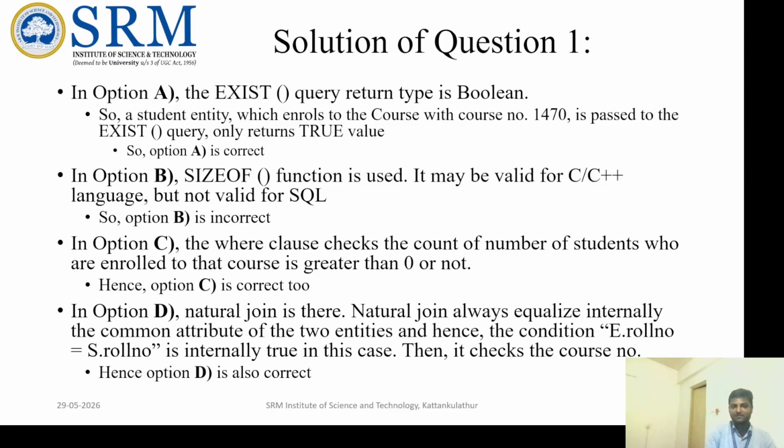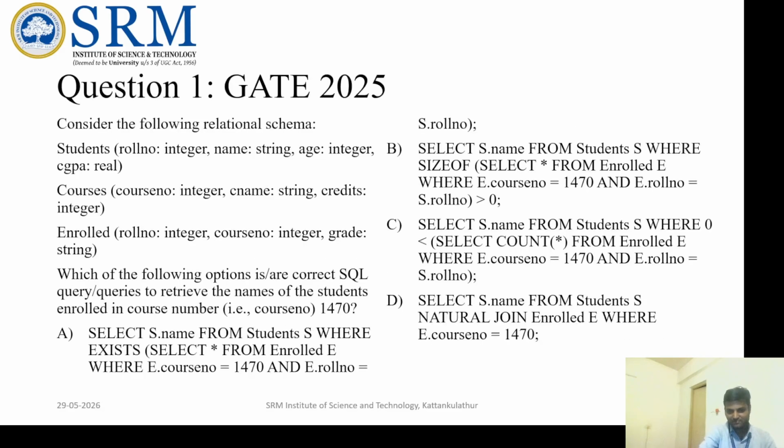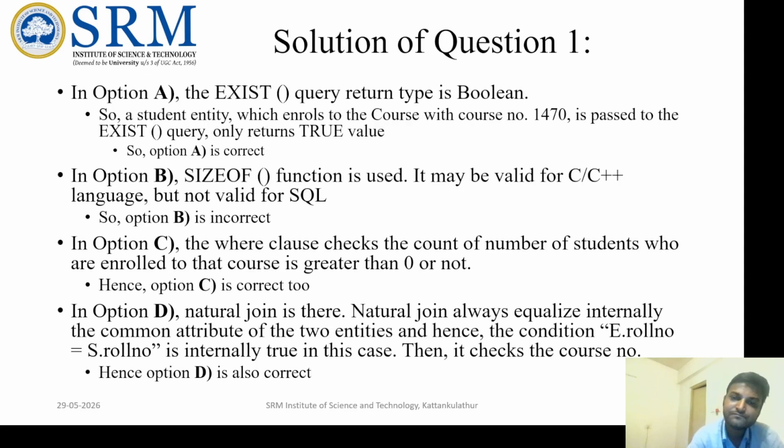Then it checks the course number, obviously 1470. That condition is given here. So option D is also correct. The answer is that A, C, and D are correct.